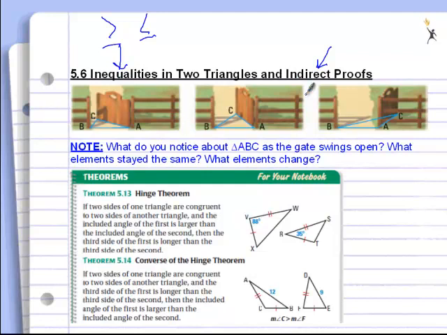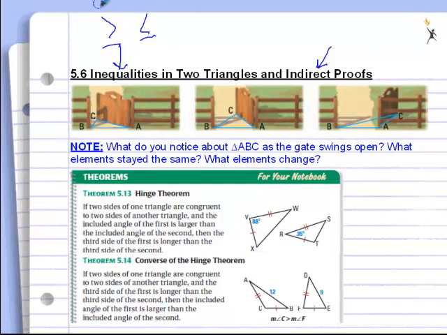What I want you to do is look at these three pictures, and look at triangle ABC in each picture. Now you might be saying, well, it's a different triangle every time. Yes, you're right. It is a different triangle, but certain elements stay the same.